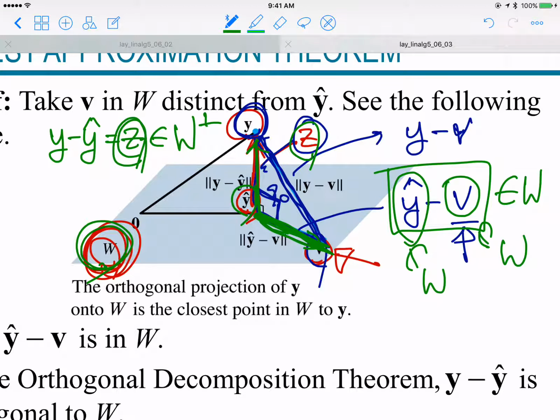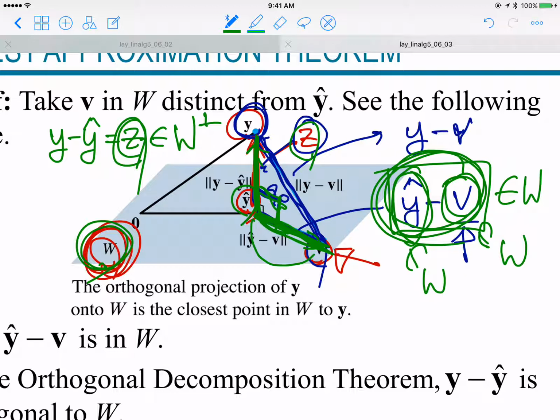Okay, so this Z vector should be perpendicular to this vector as well. So this Z is perpendicular to this difference vector between Y hat and the additionally selected vector that you choose from subspace W.